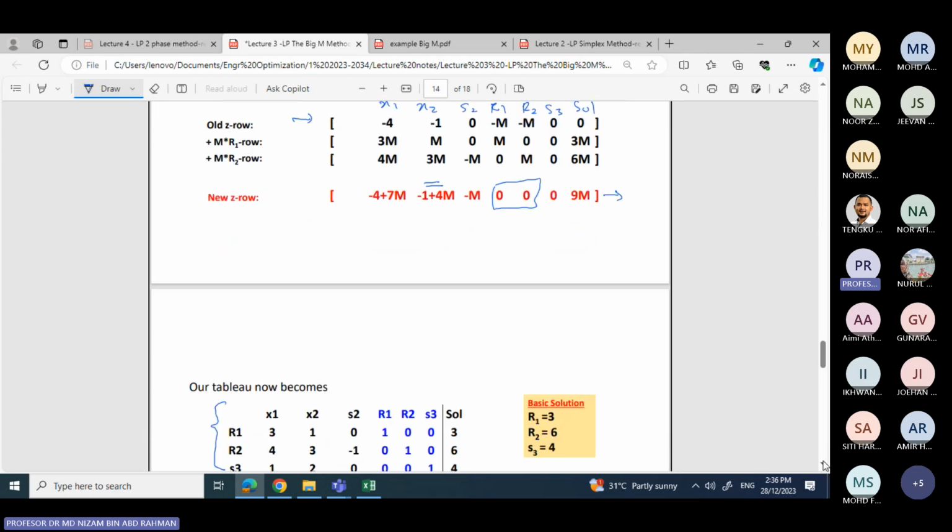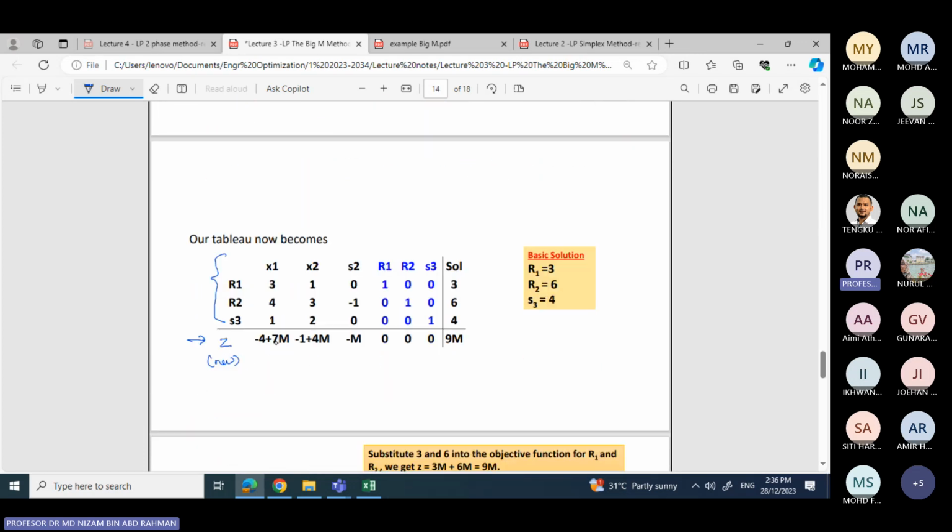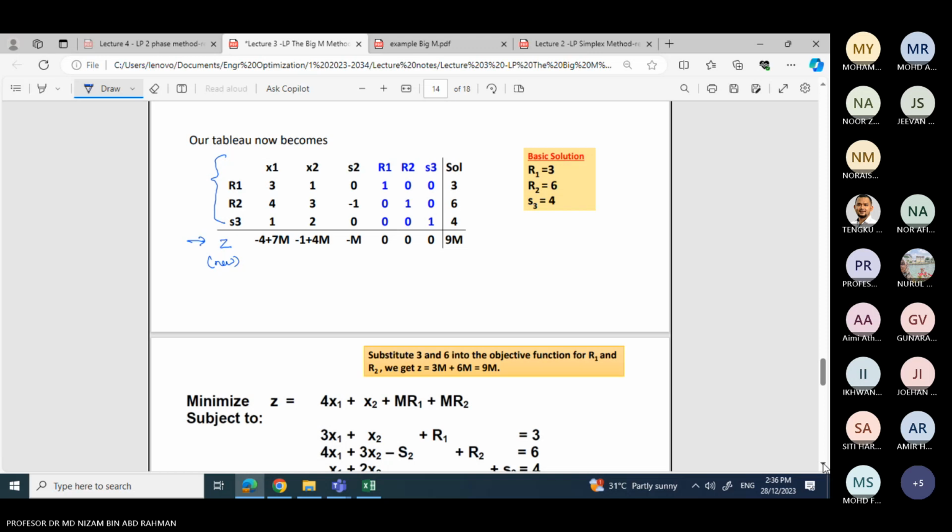Now, once we substitute the new Z row in here, then we can double check where we have over here R1 is equals to 3, R2 is equals to 6, S3 is equals to 4. And if you substitute this in the objective function, so objective function is Z equals to 4x1 plus x2 plus M R1 plus M R2, right?